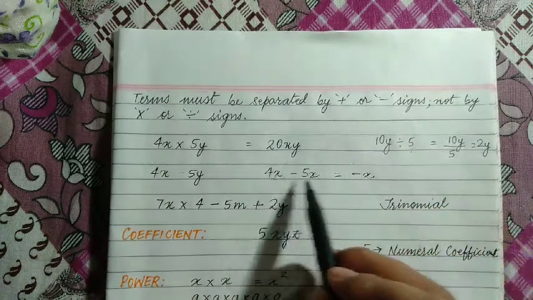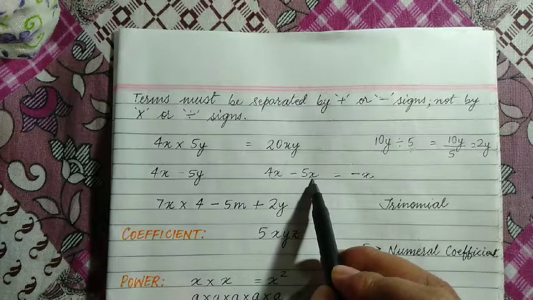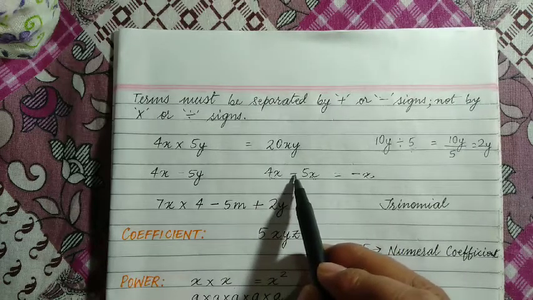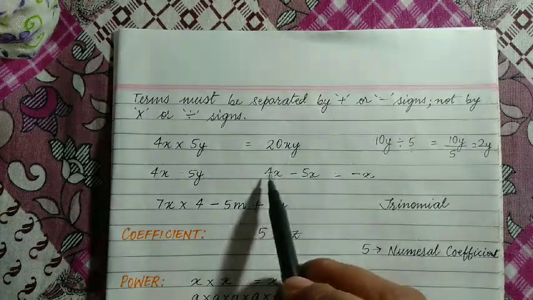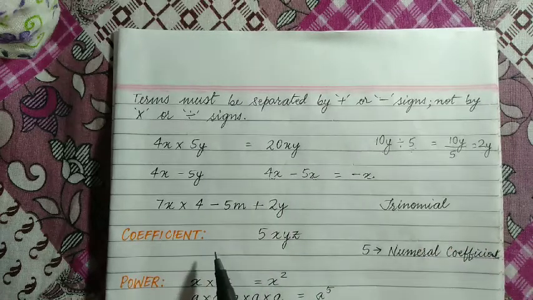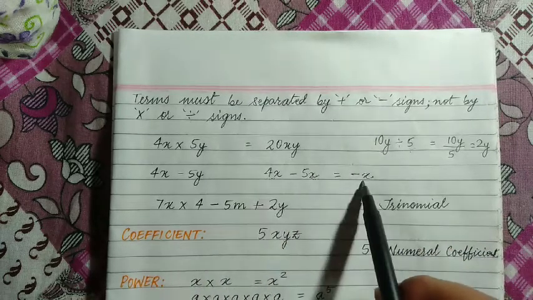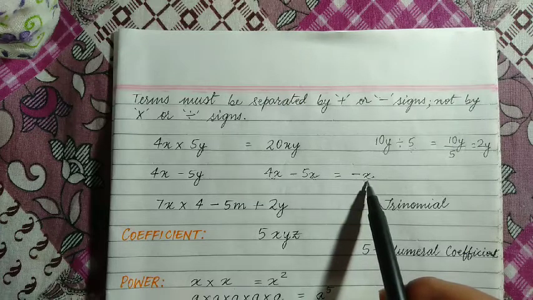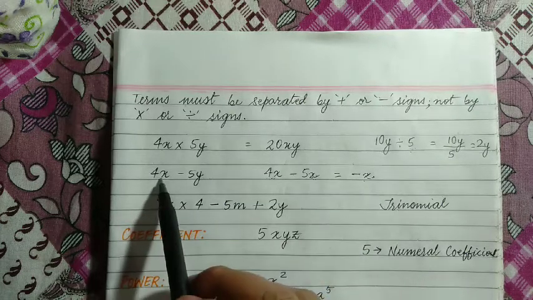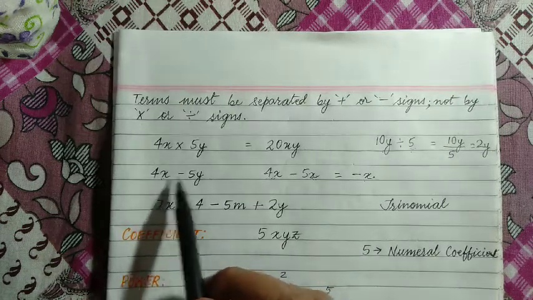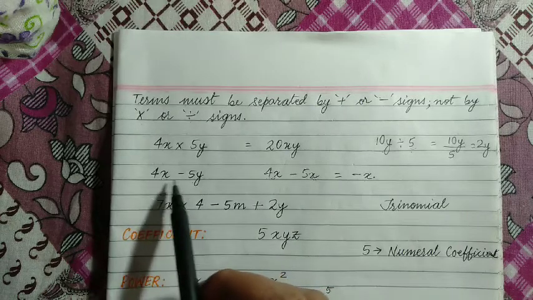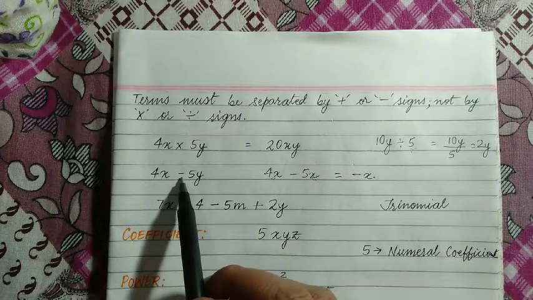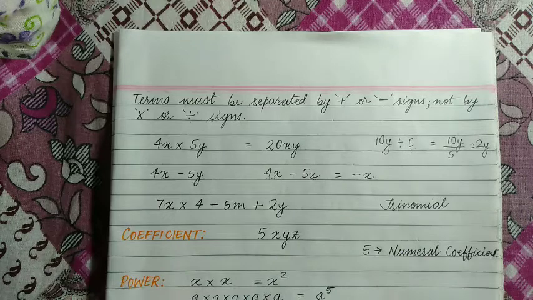So like terms separated by a plus or minus sign are not actually separated, because they can be simplified into a single term. But over here 4x minus 5y, since both terms are unlike terms and separated by a plus or minus sign, they are actually separated.